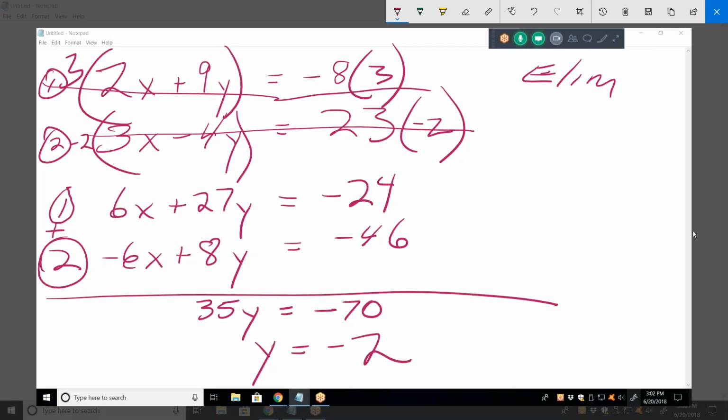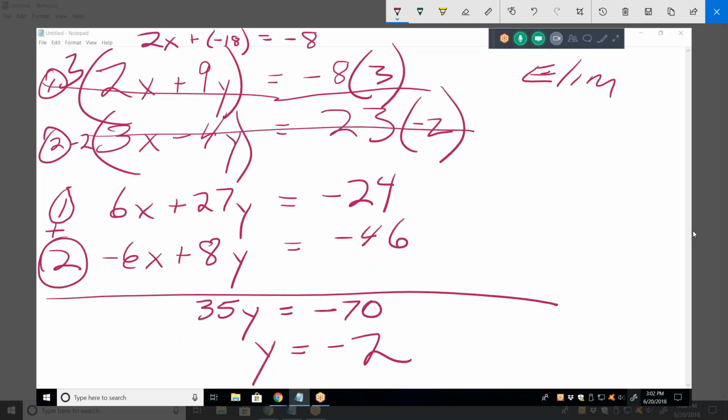So let's use 1. We got 2x plus 9 times -2, which is -18, equals -8.